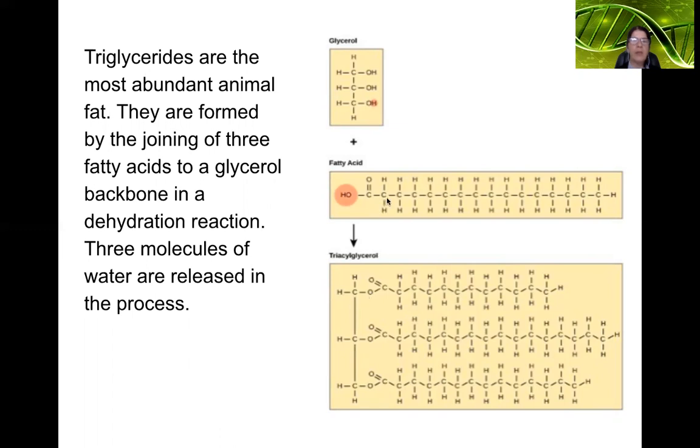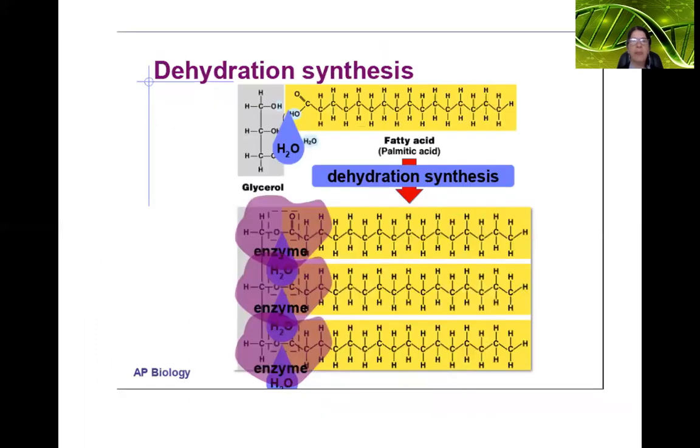And you attach 3 fatty acids to a single molecule of glycerol, because the glycerol has 3 hydroxyl groups, and therefore we call this a triglyceride. 3 molecules of water will be released in the process, and this is again a dehydration synthesis or a condensation reaction, because water is released.